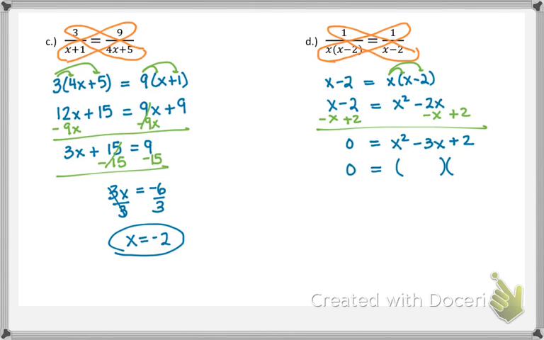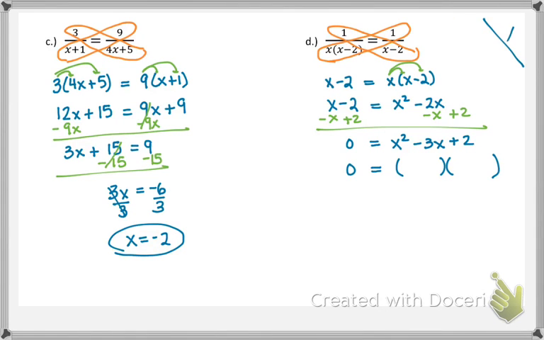So, using your x factor method, I need to find two numbers that would multiply to give me 2 and add to give me negative 3. So that would be negative 2 and negative 1. Okay, so that would be x minus 2, x minus 1.